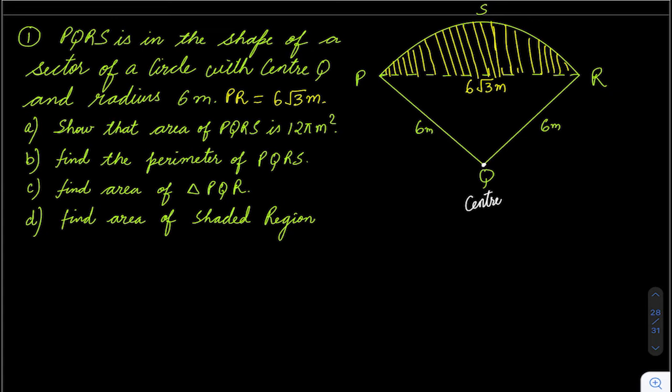Now we can see basically this is part of a circle, something like this. Show that the area of sector PQRS is 12 pi centimeter square. So that is part A.